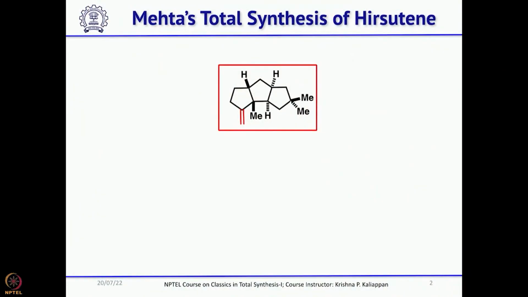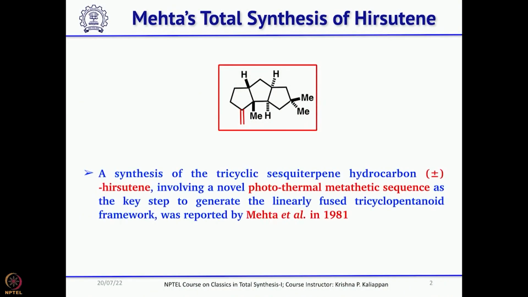And first let us start with a known molecule, hirsutene, and how his group has synthesized this molecule. He has used a unique reaction. Now we all know what is metathesis, ring closing metathesis, enyne metathesis, ring opening, ring closing metathesis, all.